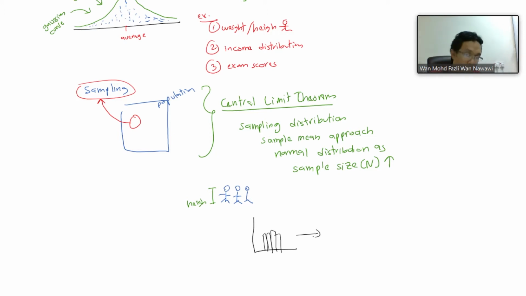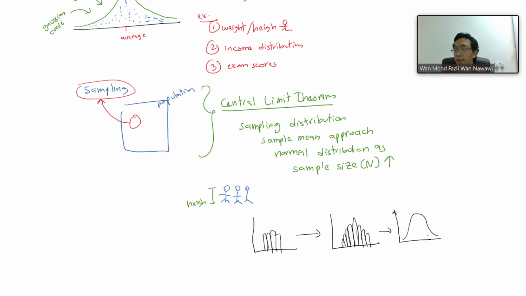But the more you sample, for example, instead of your family alone, you also sample your friends' families and your cousins' families, you will see that with more data it will look like this curve also. And if you go large enough, for example, all the families in Malaysia, you will get something like this, a normal distribution.